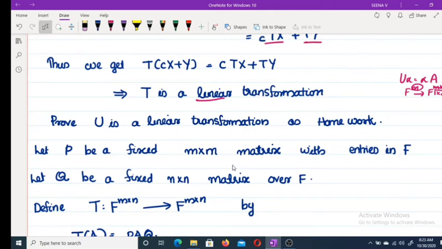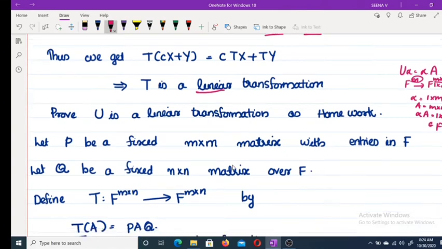If you multiply, alpha is 1 by m and A is m by n, therefore alpha A must be a 1 by n matrix, and 1 by n belongs to F^n. So you try that as homework.